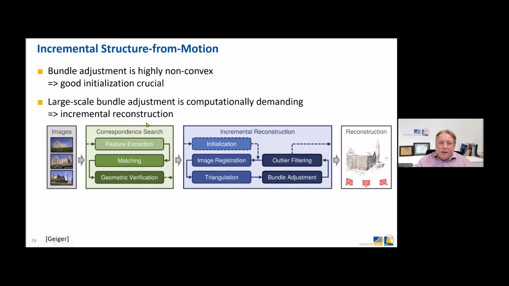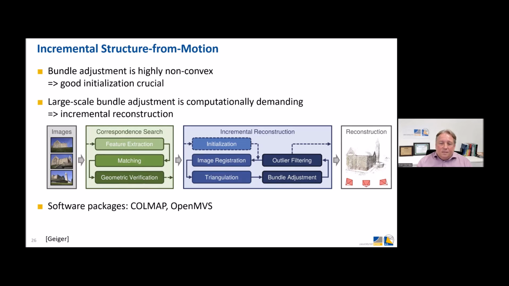So incremental reconstruction methods have been proposed where we extract features, we match features, we try to throw out outliers, and then incrementally estimate where the cameras are, where the 3D points are, include more and more pictures and have a more and more complete reconstruction of the scene.